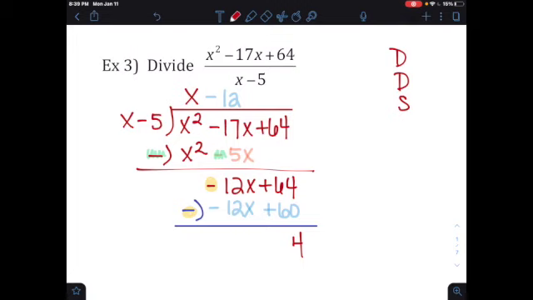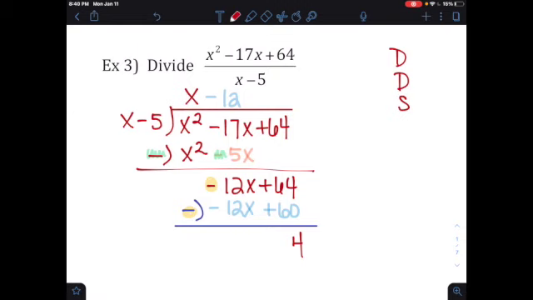Let me say it one more time. Negative 12x plus 64 would be something you have left over from the top. Then you need to multiply: whatever gives you x, multiply something to give you negative 12x. So in this case, I multiply by negative 12. Then when you distribute, that will be negative 12 times x, negative 12x. Negative 12 times negative 5 is going to be 60.